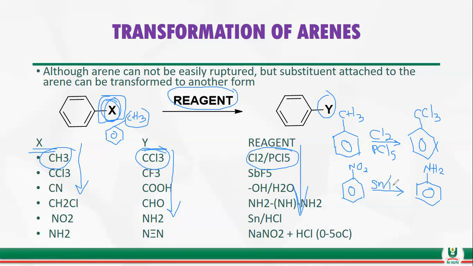So once you master this table, a lot of synthetic transformations will be easier to do, because you remember the course is about organic synthesis. Organic synthesis is about transforming from one functional group to another to get a much more relevant compound.